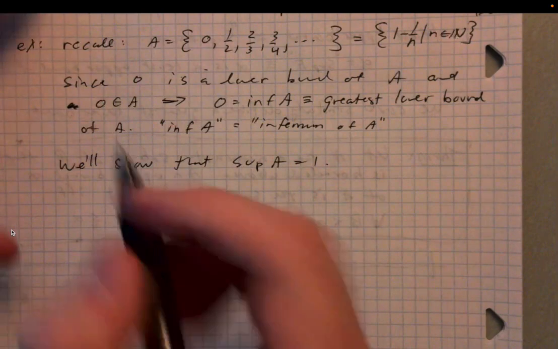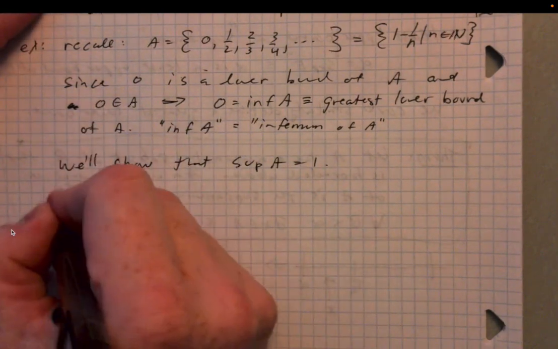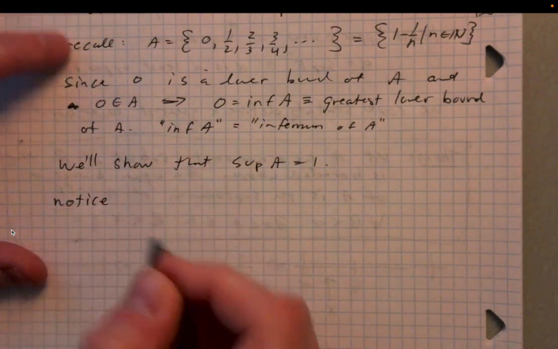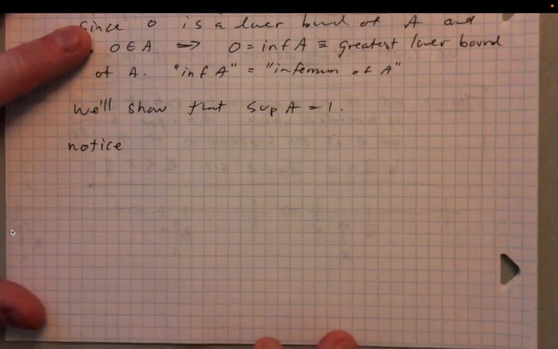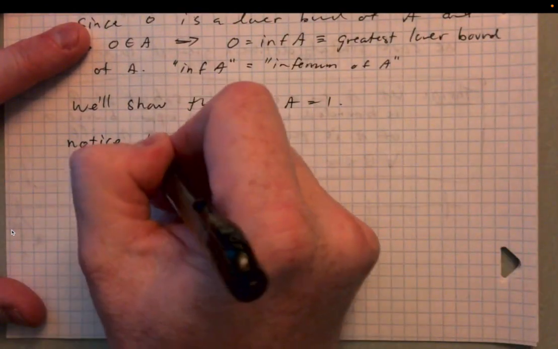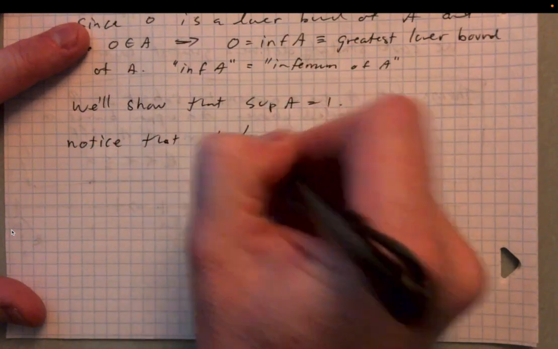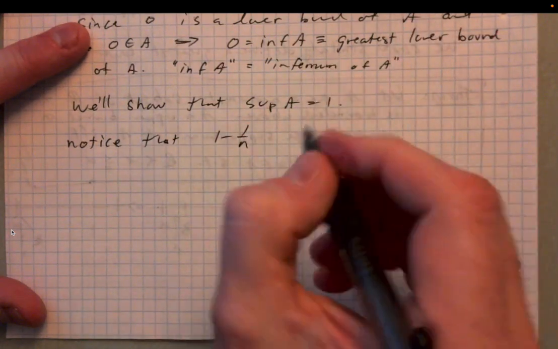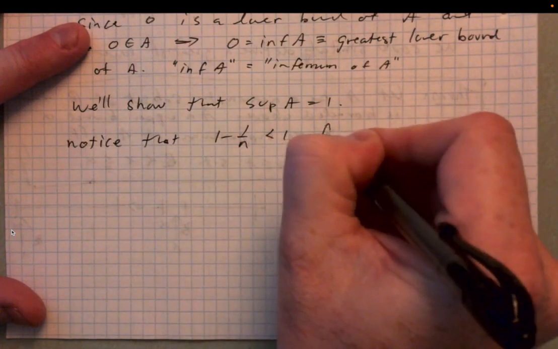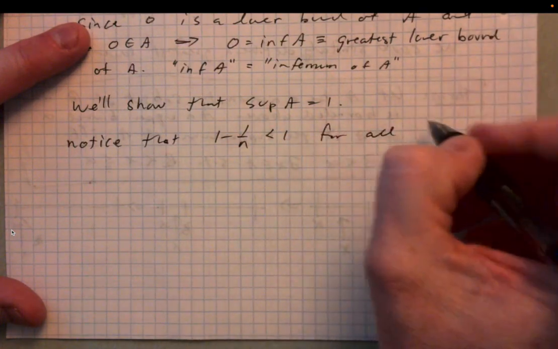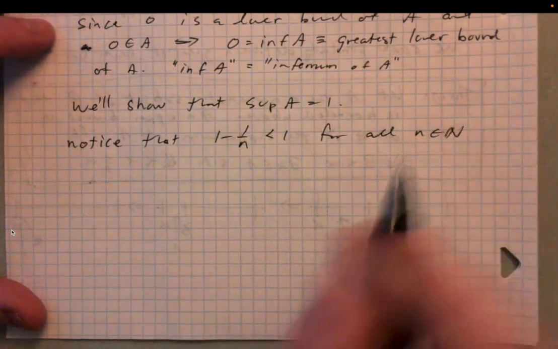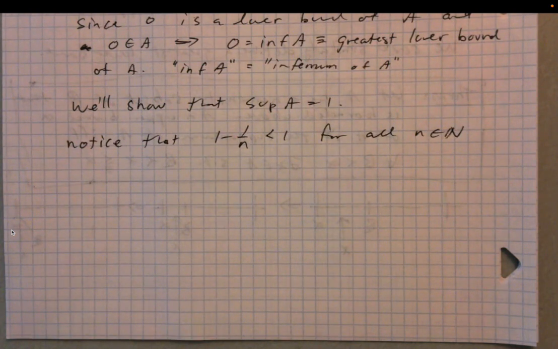Okay, so let's go ahead and walk through this derivation here. Notice that 1 minus 1 over n, this guy up here, is less than 1 for all n in the natural numbers, right? So for all natural numbers, there's nothing I can plug in there to make that greater than or equal to 1.